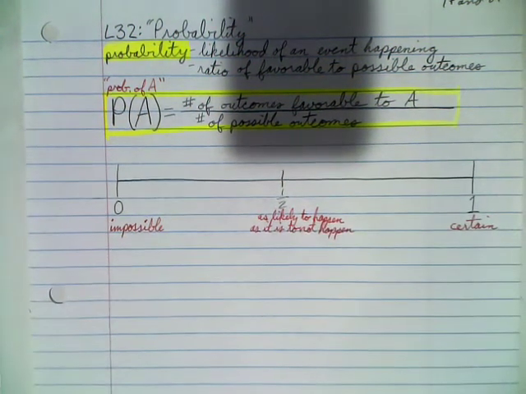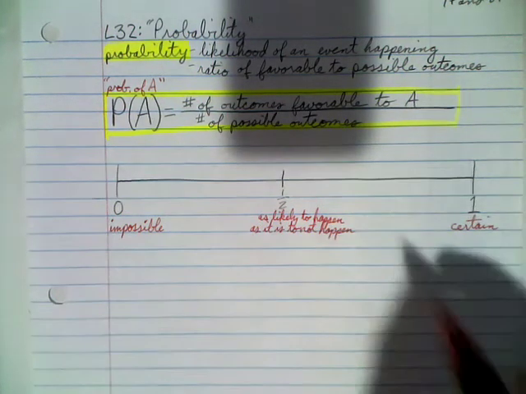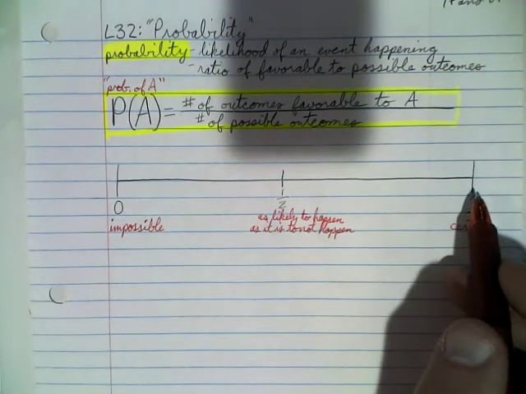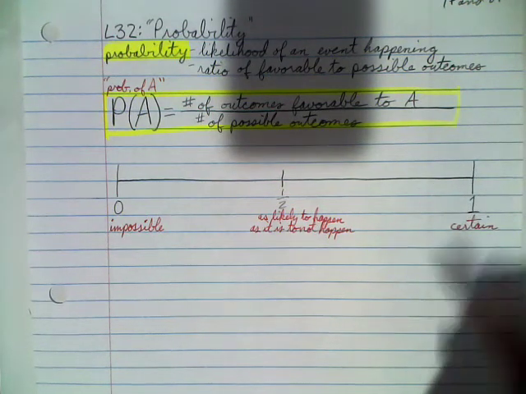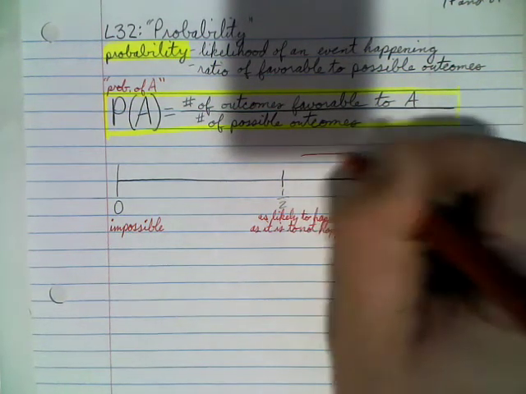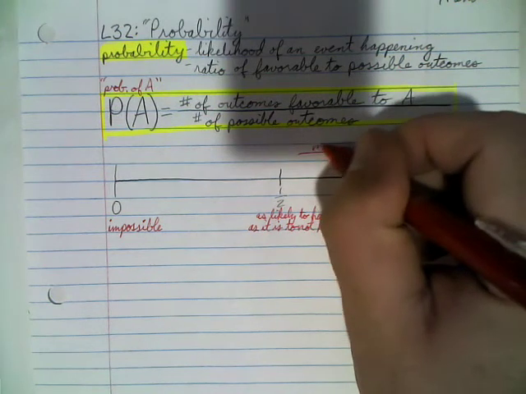Or sometimes we can simplify that down to as likely as not. So when we say as likely as not, we're really saying as likely to happen as it is to not happen. So could happen, could not happen. It's just as likely it could go either way. Well, ladies and gentlemen, the further we get towards 1, so that the bigger our probability is, the more likely things become.